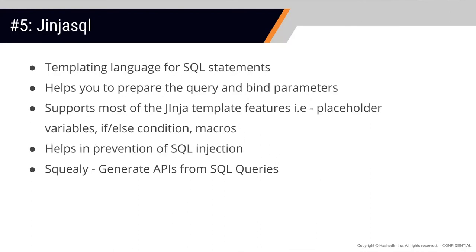Jinja SQL, another topic. If you are using raw queries, it's a very important topic probably. So I think Jinja template is pretty famous as an HTML templating language. On the same terms, for the Python language, it's Jinja SQL, written by Hastin, by the way. So it's a templating language which you can use if you want to execute queries using Python, and if you want some kind of templating support over there.